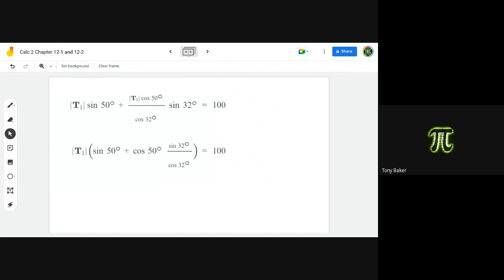So sine 50 plus cosine 50 times sine 32 over cosine 32 in degrees. So plug that into Desmos. And I get that.